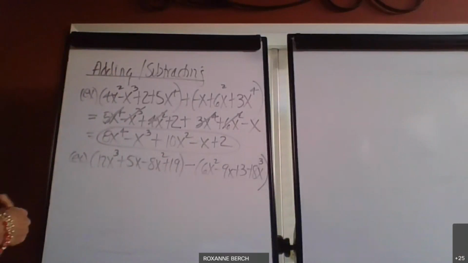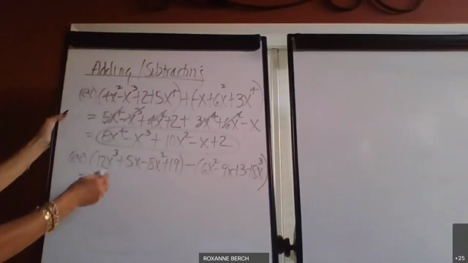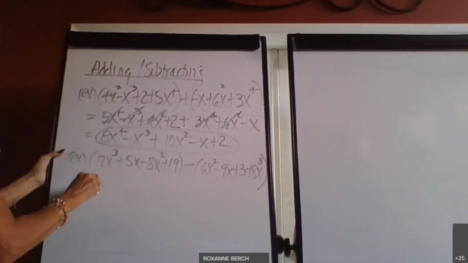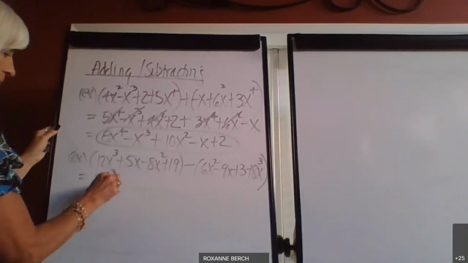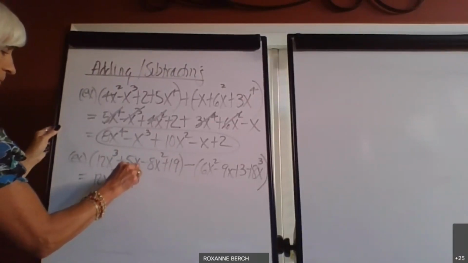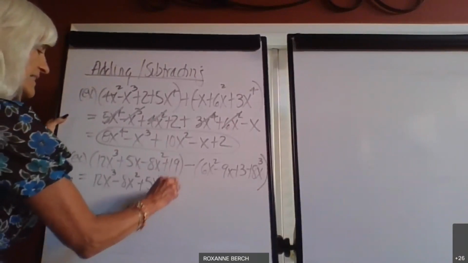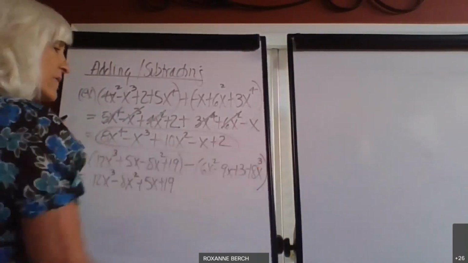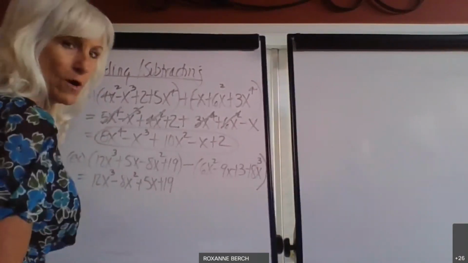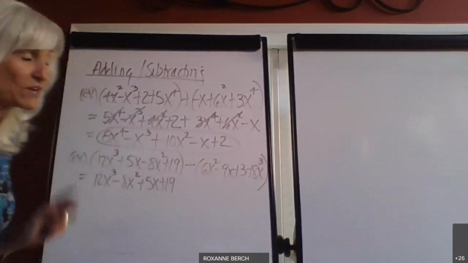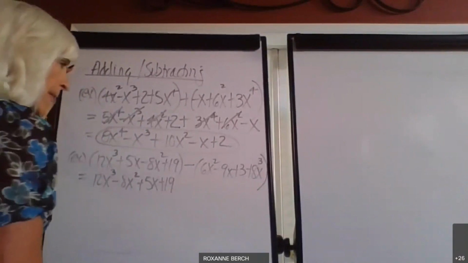Yes. All right. Okay, so let's put this in standard form. So the highest degree would be 12x cubed. What's next? 8x squared. Plus 5x plus 19. And we're going to distribute the negative and write it in standard form at the same time, unless we get confused, then I won't do that.